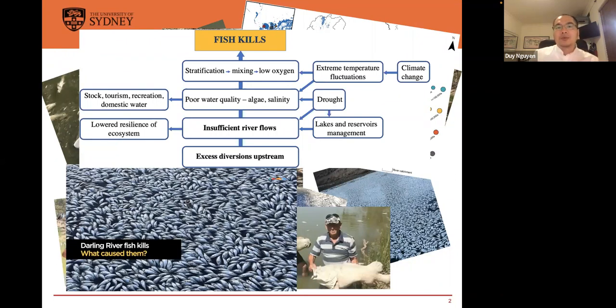So it lowers the mixing and lowers the oxygen, and it kills the fish. And you can see in all the dramatic photos there, but that's not all.